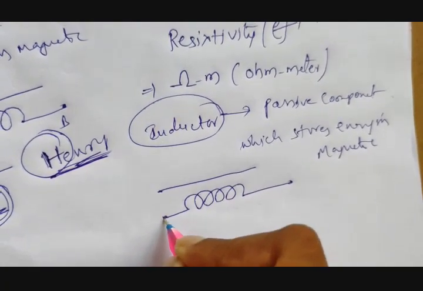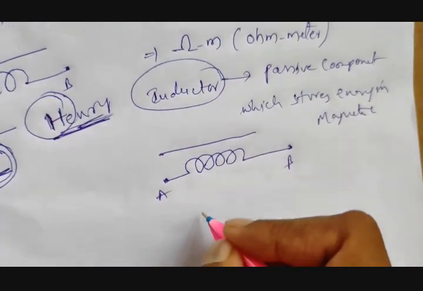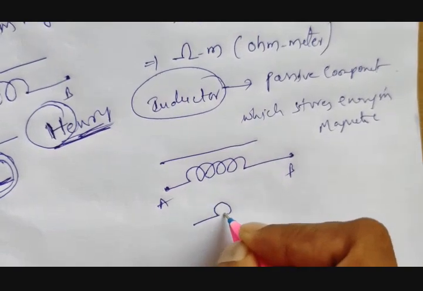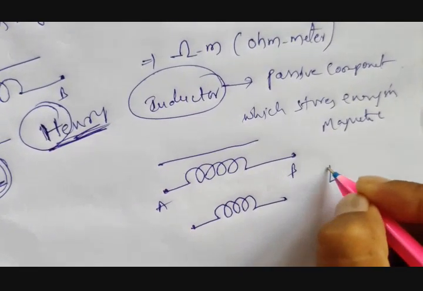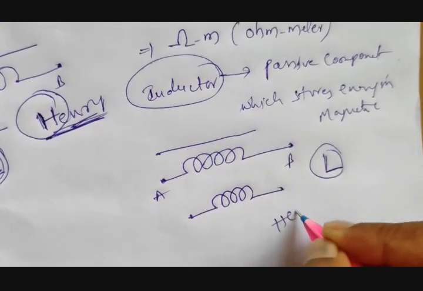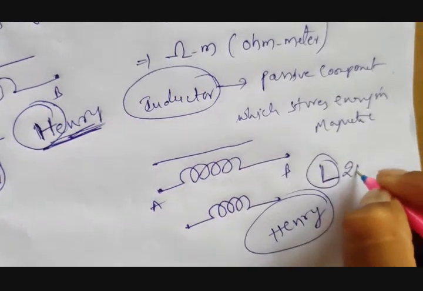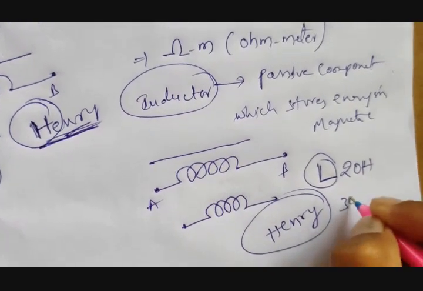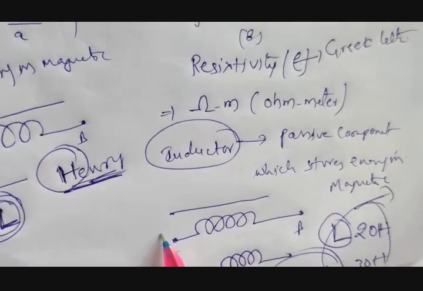This is the symbol for an inductor. It is denoted by capital letter L and measured in henries, with values like 20H, 30H.